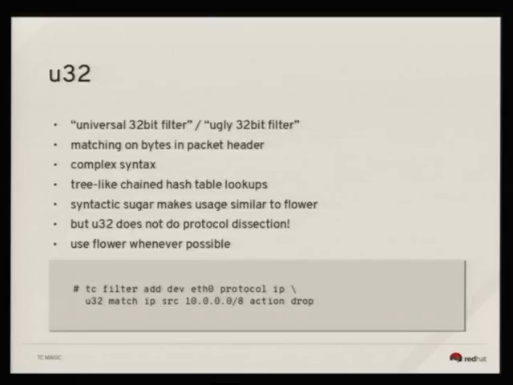So if you match on a TCP port, and the packet is not TCP, well, it matches a random value in the header. Or if you have a packet that has IP options, so the IP header is longer than expected, then even though the packet is TCP, U32 will match just a random value. It also has quite complex syntax, contains some weird hash tables that are chained and so on. Look at the man page. It's too complex to understand for mere mortals, so use flower.